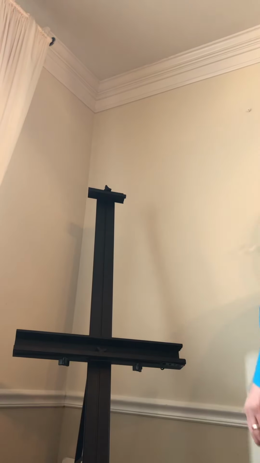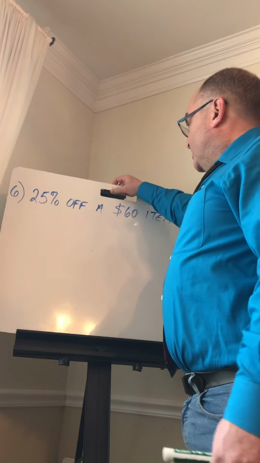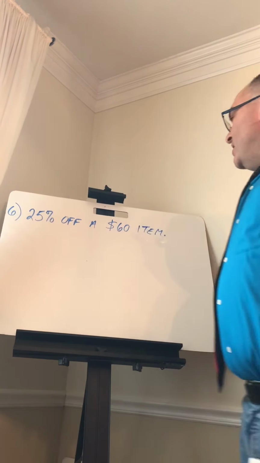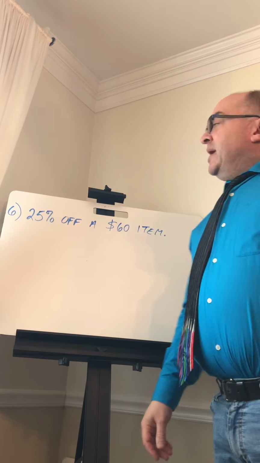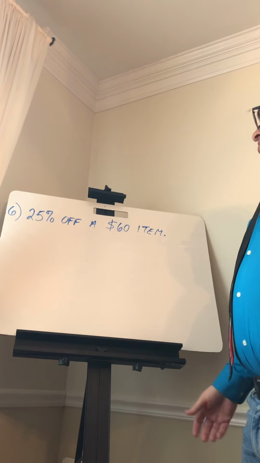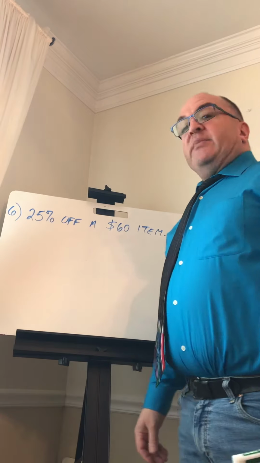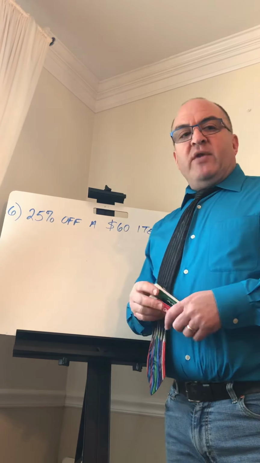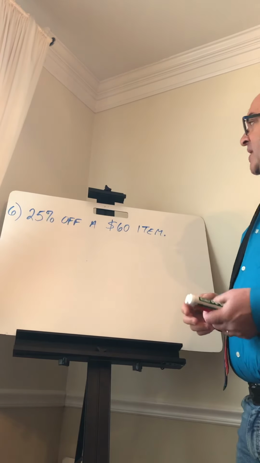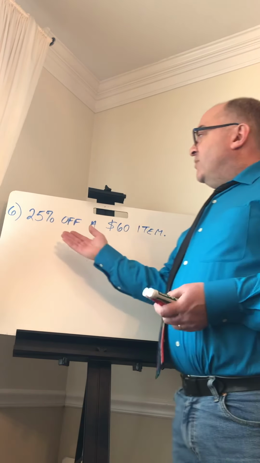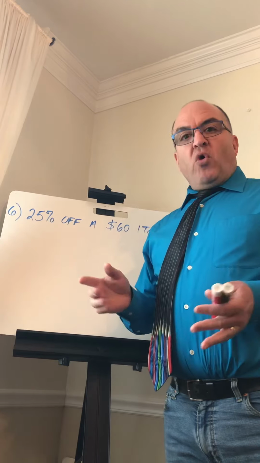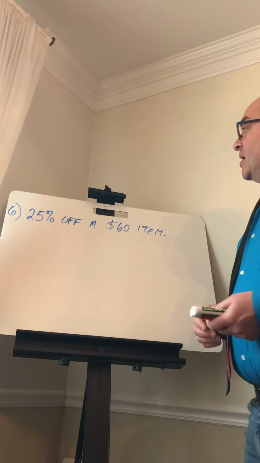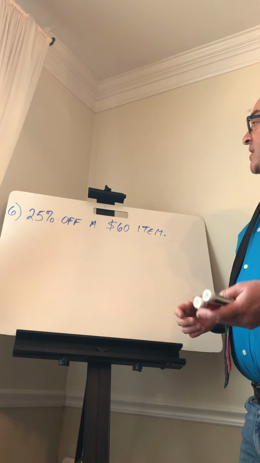Now, I'd like to show you a way to do 25% off. Of course, that's the same as paying 75%, but here's an even easier way. Whenever you're doing a number like 25%, would you agree that 25% is 1/4, right? 25% is like a quarter.